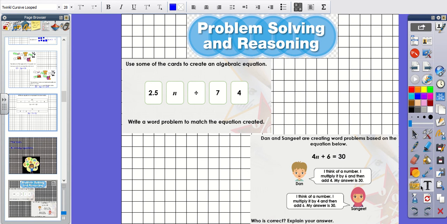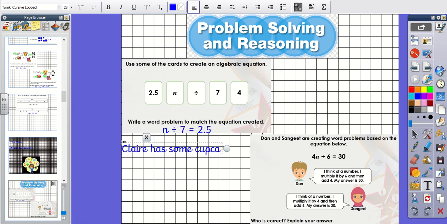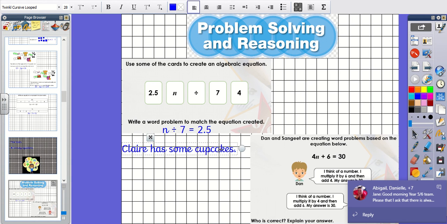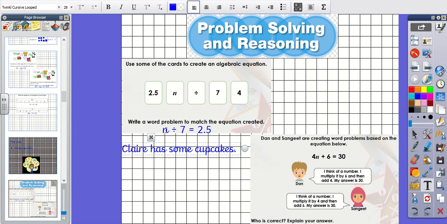Okay, so you could have got a variety of different answers there. So I'm going to show one that I'm going to use. I'm going to say n divided by 7 is going to give me 2.5. Okay, so then my word problem is going to be, let's think of Claire has some cupcakes. It just says some, so that's my n.